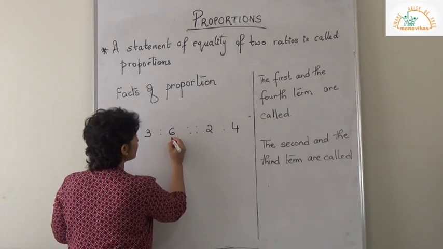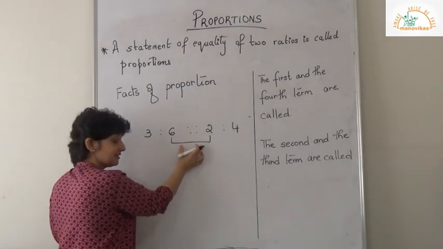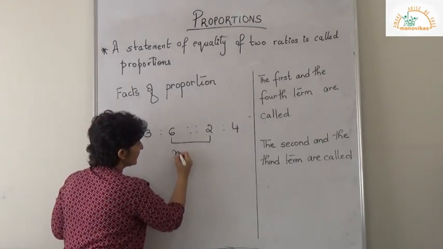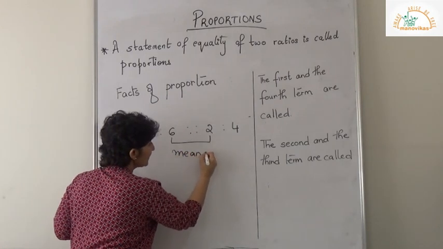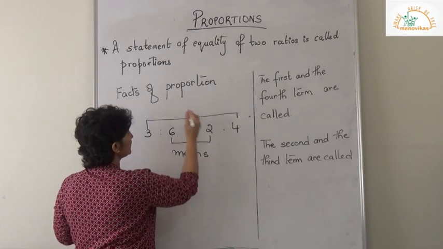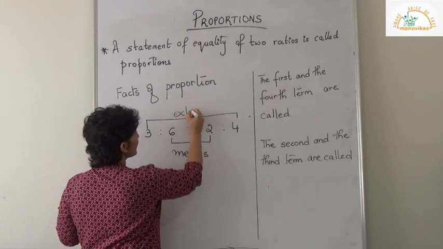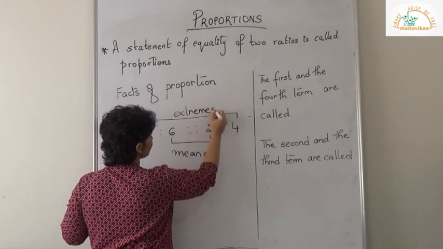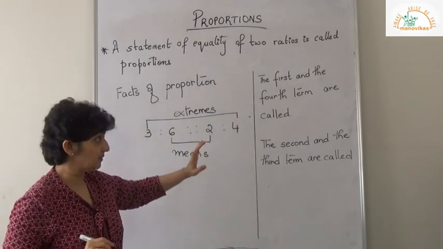Now, your 6 and 2, the numbers inside, are called means, and the first and the fourth term are called extremes. Alright, so let's repeat it again.